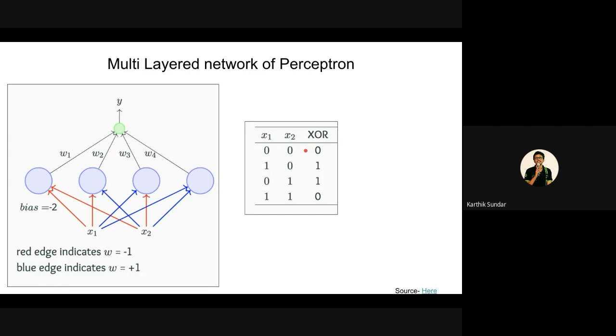Is it clear, or should I repeat it? So the weights and the bias, though we hard coded them, are such that the weighted sum of the inputs will fire only for one of these inputs. For example, the first input will fire only the first neuron. The second input will fire only the second neuron. The third input will fire only the third neuron, and the fourth input will fire only the fourth neuron.